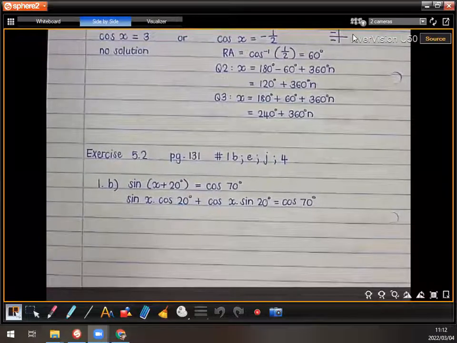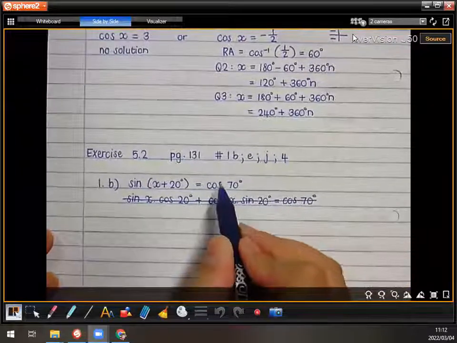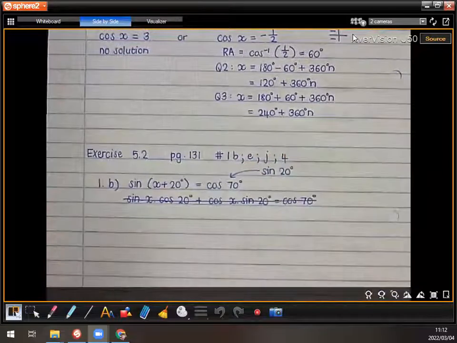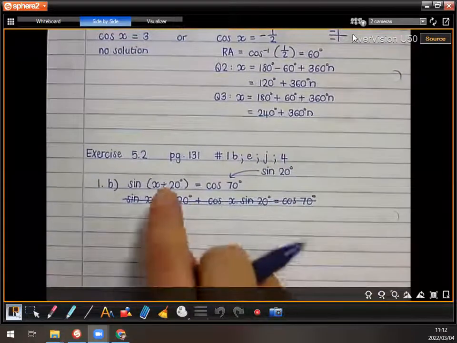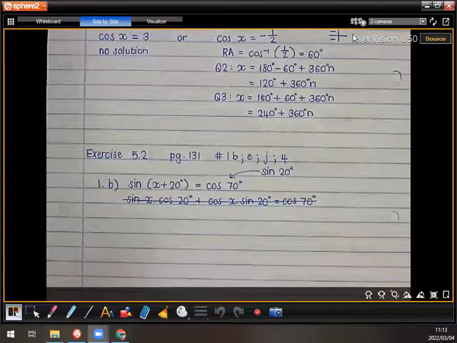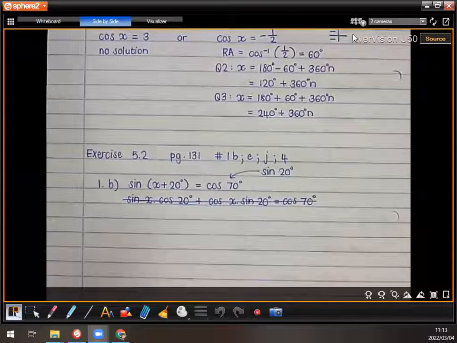Lots of people do that and then they get 0 going forward because they can't do anything. So please do not do that. What am I going to change this cos 70 to? Sine of 20. So that my reference angle is 20 degrees. Okay, keep going, guys. This is for Tuesday.